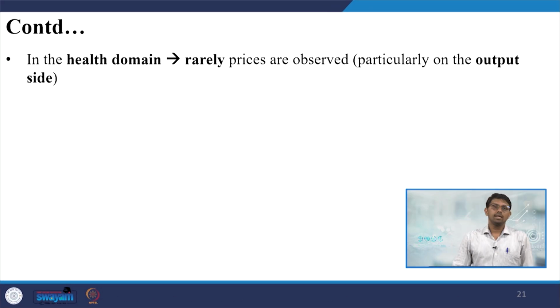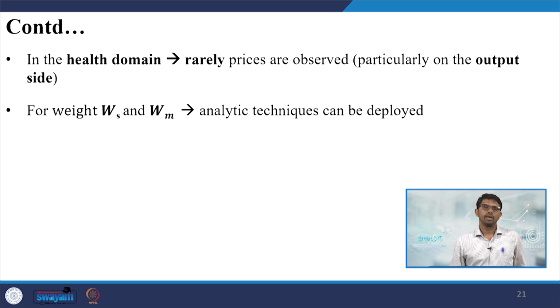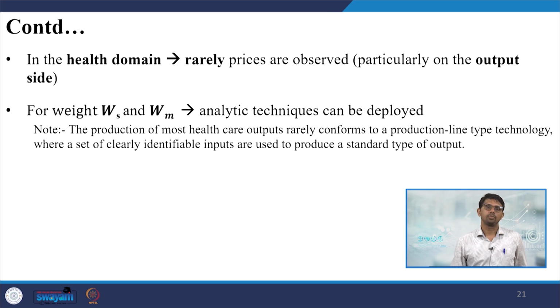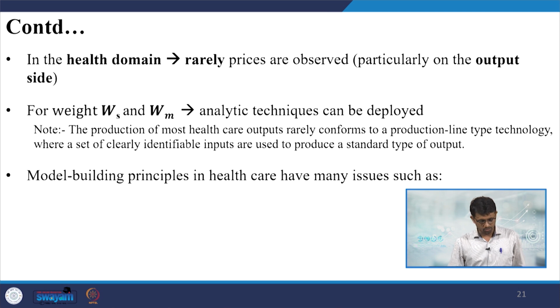In the health domain, prices are rarely observed, particularly on the output side, and for the weights, analytic techniques can be developed. The production of most healthcare outputs rarely conforms to a production-line type technology, where a set of clearly identifiable inputs are used to produce a standard type of output.